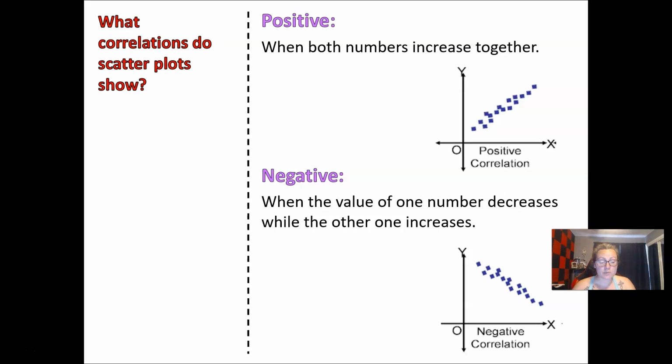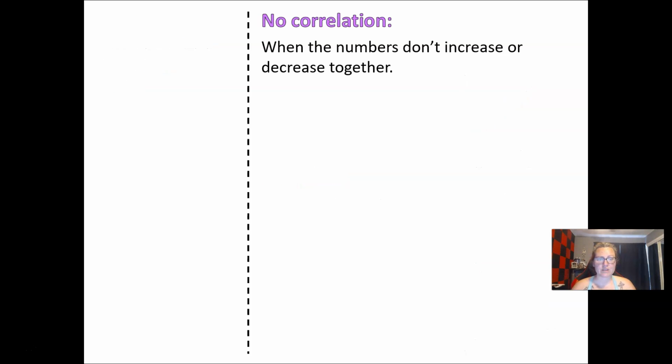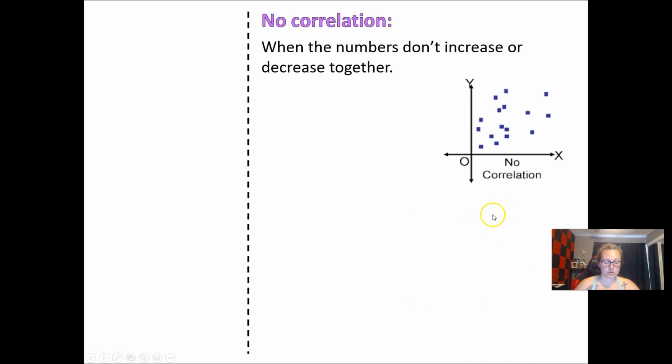And then there's one more type of correlation that a scatter plot can show, and that is no correlation. It's when the numbers don't increase or decrease together. This will be shown where the points are all over the place. They don't look like they're going up or down. This happens when you have two sets of data that have nothing to do with each other.